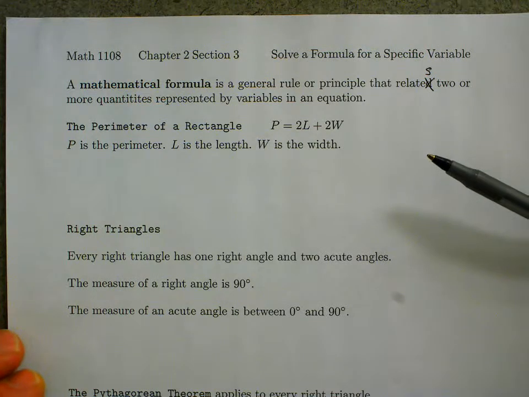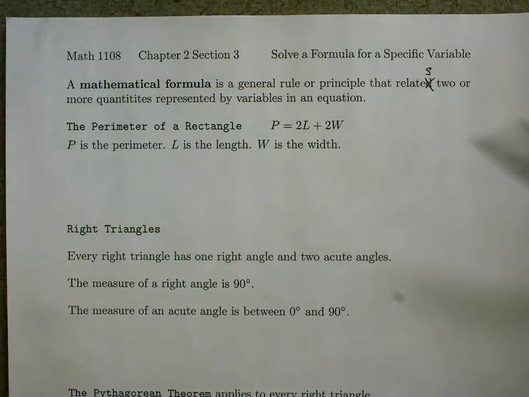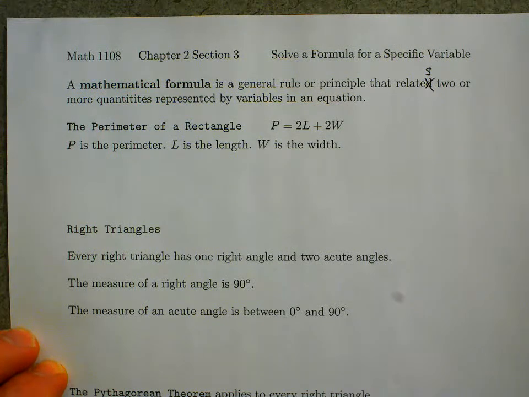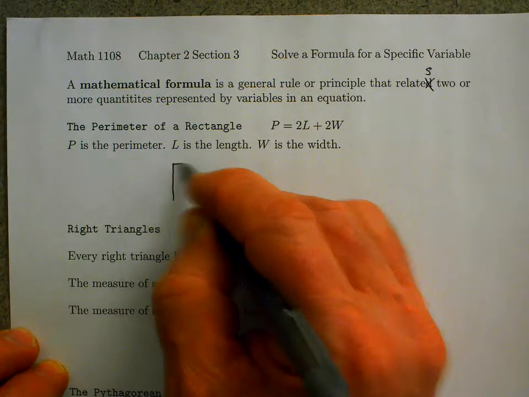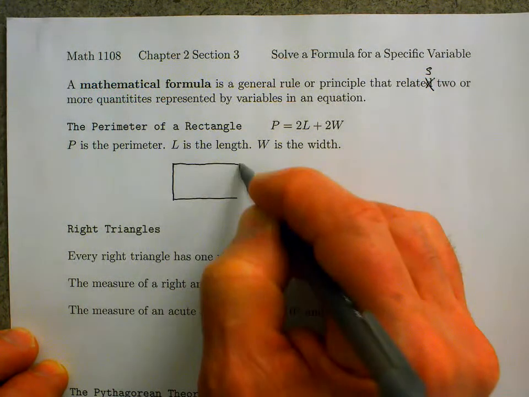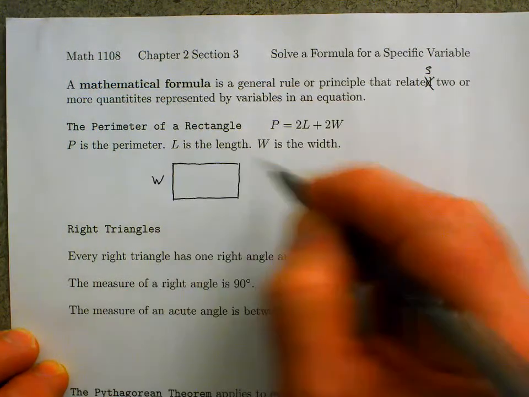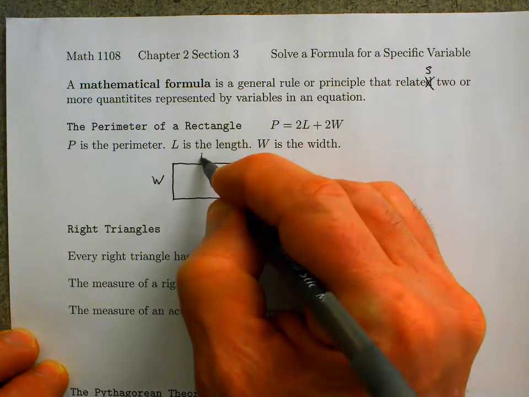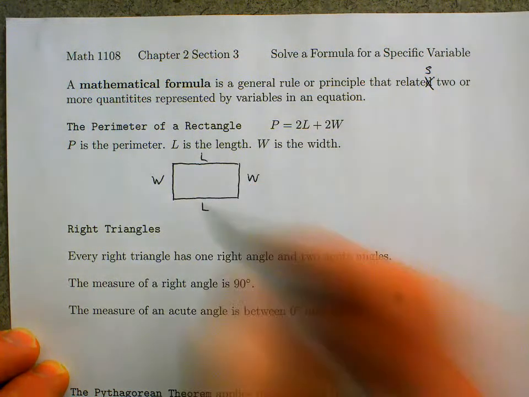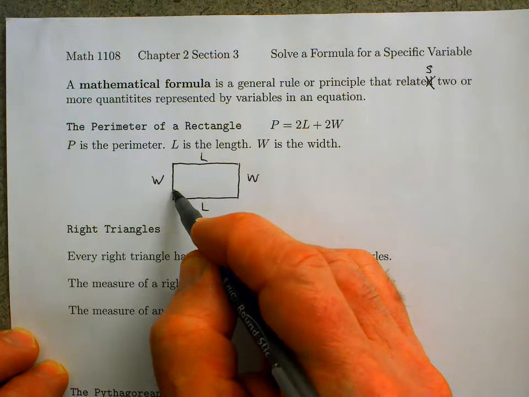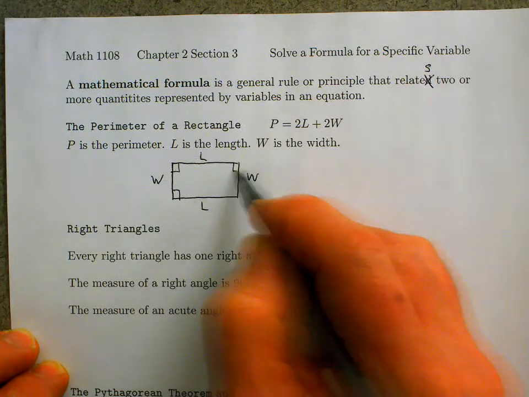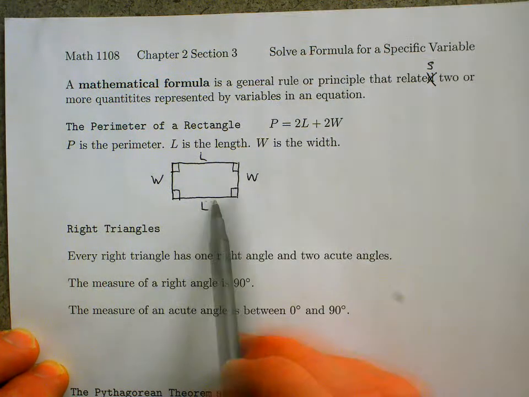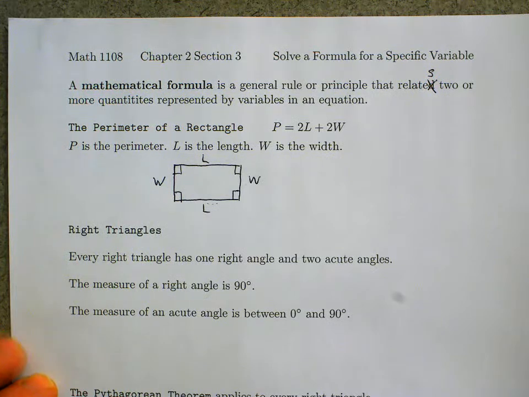And so the perimeter of the rectangle is P equals 2 times L plus 2 times W. So the perimeter is just the distance around the rectangle. And a rectangle is a quadrilateral. That means it has 4 sides, and 2 adjacent sides form a right angle.